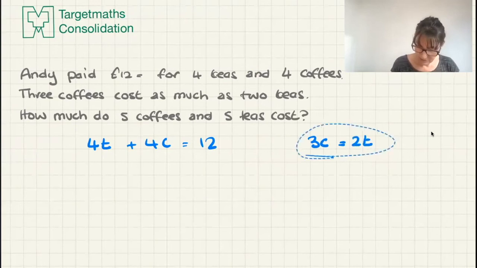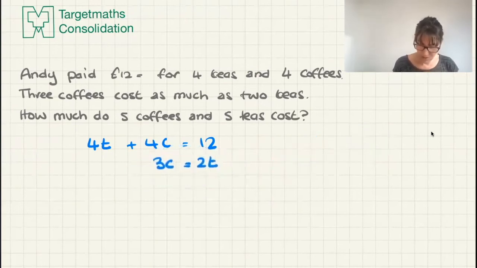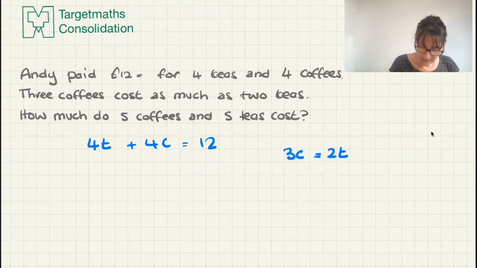Okay. Now, if I bring this across, this kind of doesn't really work, does it? I need all the T's and the C's on the same side. So I'm going to have to rearrange this. I'm going to rearrange this so that I've got everything on the right side. So that's going to move across. It's going to land as minus 2t.